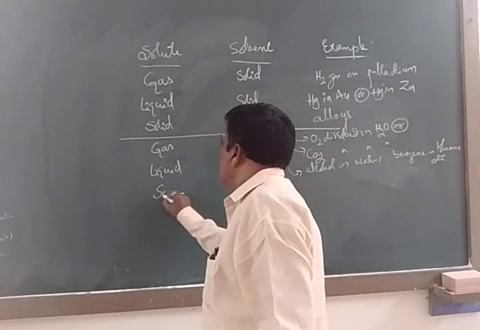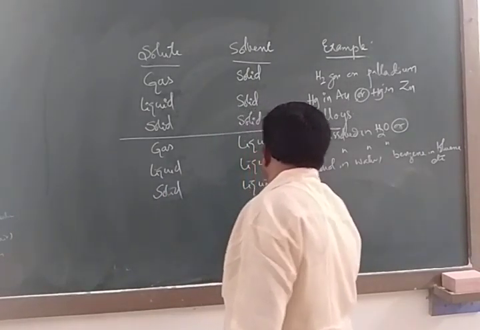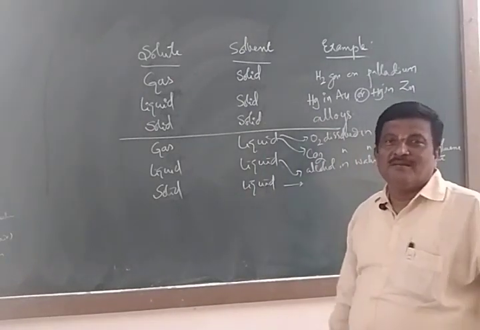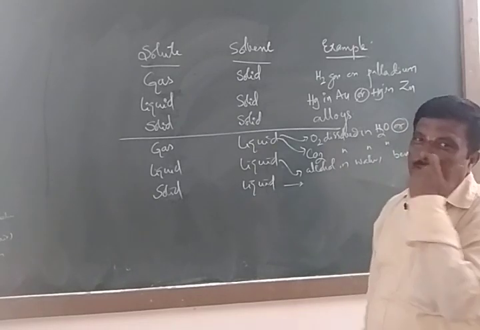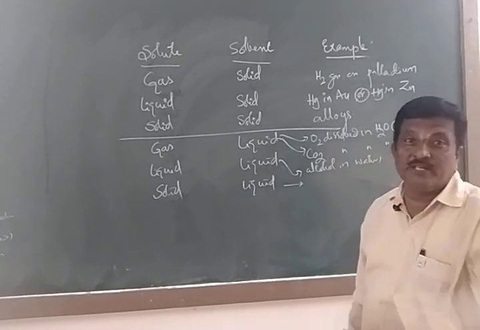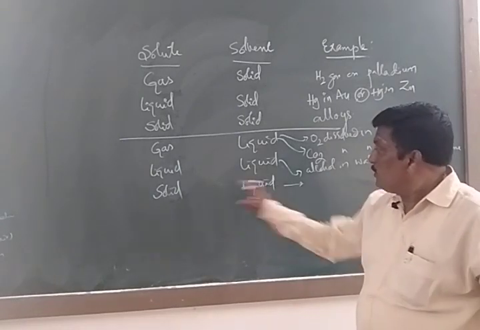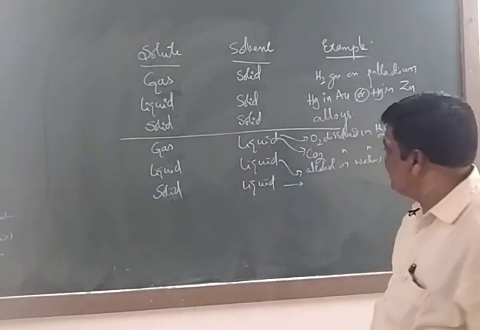Third, solid and liquid. This is a very, very common type of solution, because often whatever solutions are used in the laboratory are all solid liquid solutions or simply liquid solutions.